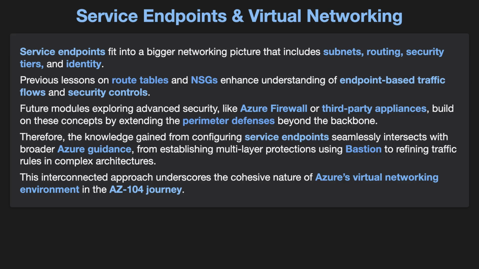Therefore, the knowledge gained from configuring service endpoints seamlessly intersects with broader Azure guidance, from establishing multi-layer protections using Bastion to refining traffic rules in complex architectures. This interconnected approach underscores the cohesive nature of Azure's virtual networking environment in the AZ-104 journey.